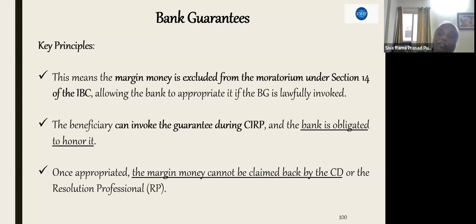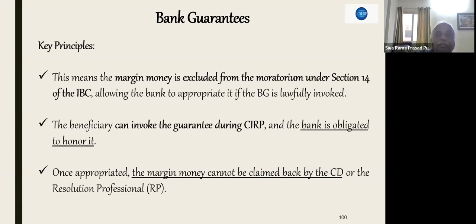The beneficiary can invoke the guarantee during CIRP. The bank is obligated to honor it. During CIRP, if the beneficiary invokes the bank guarantee I have given on behalf of the company, that is obligated.